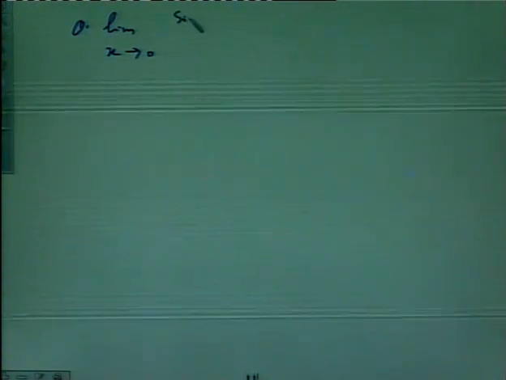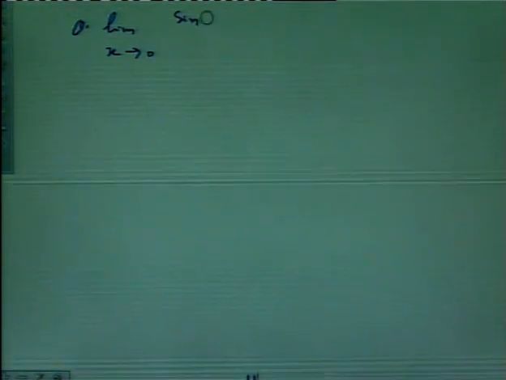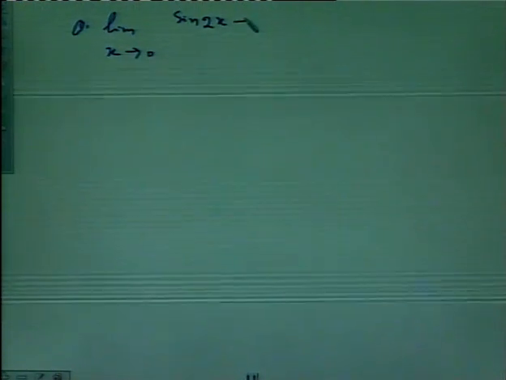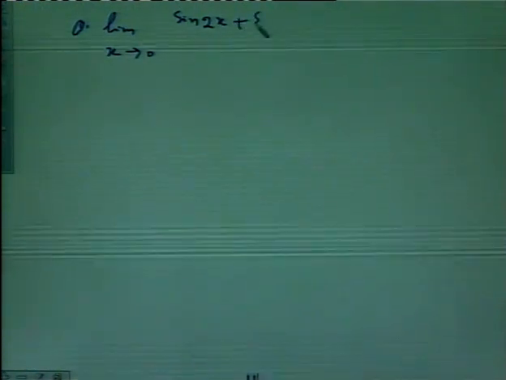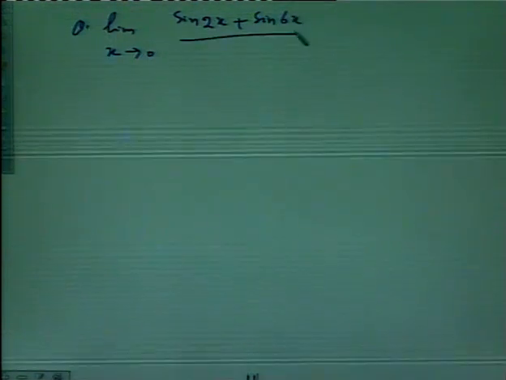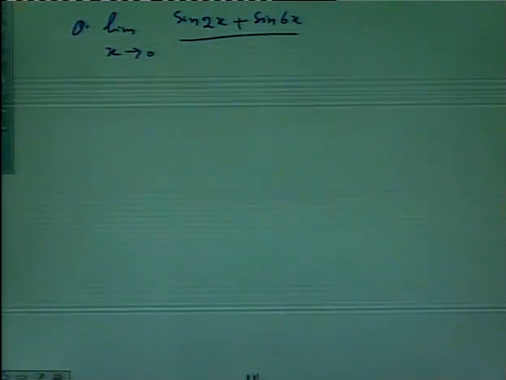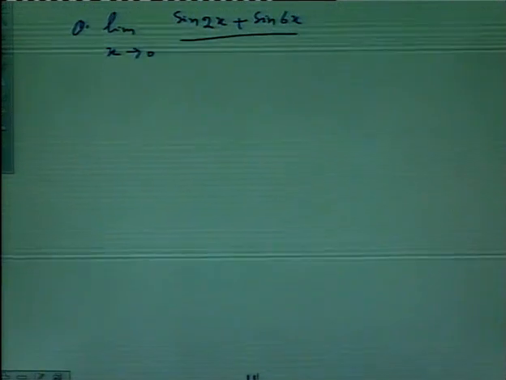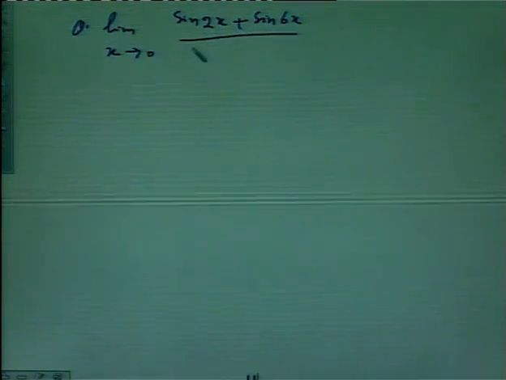sin 3x plus sin 6x... Sin 3x, not 3x, it was sin 2x plus sin 6x upon sin 5x minus sin 3x.